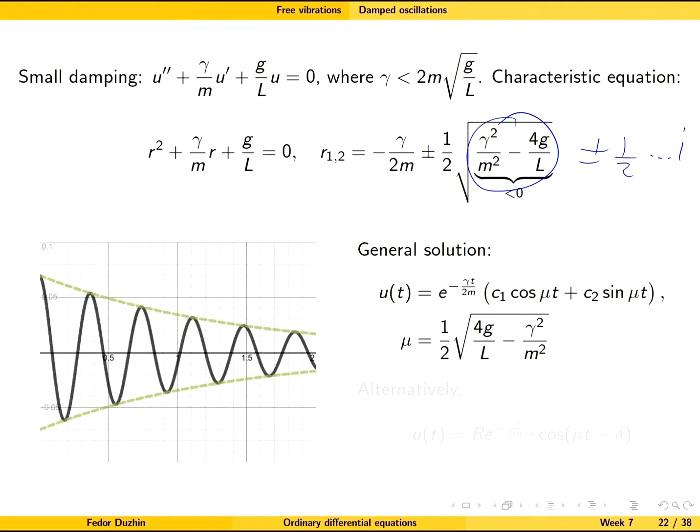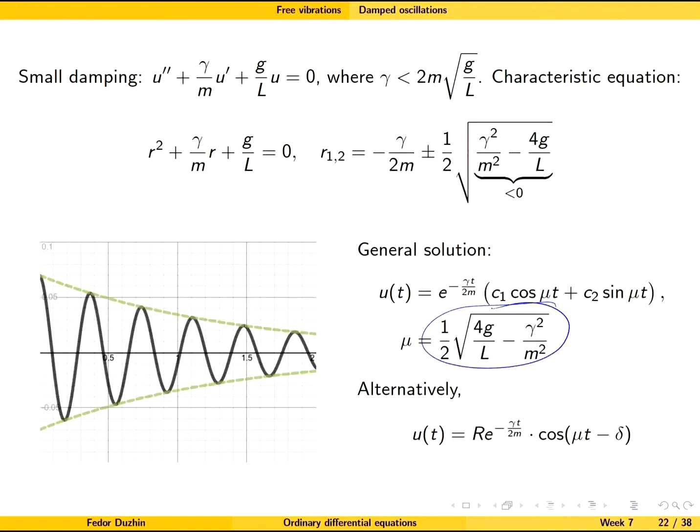The coefficient that comes from the discriminant is going to appear as the frequency of the solution, and the real part, which is just gamma over 2m, is going to appear in the exponent.